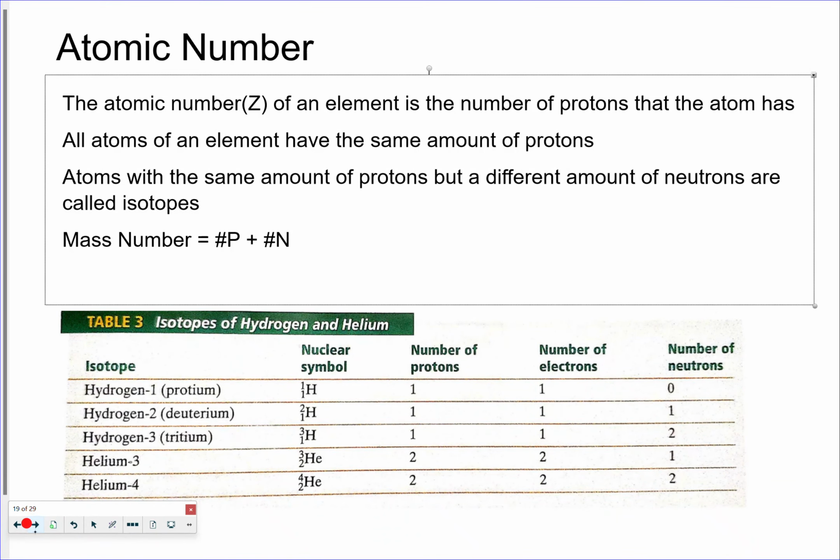So hydrogen has 3 isotopes, and in its 3 isotopes, they all have the same number of protons, but their number of neutrons differ. That's what statement 3 says. Atoms with the same amount of protons but a different amount of neutrons are called isotopes. And the mass number of an element is the number of protons plus the number of neutrons.